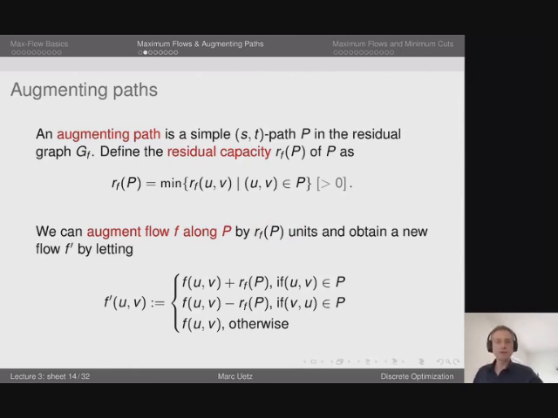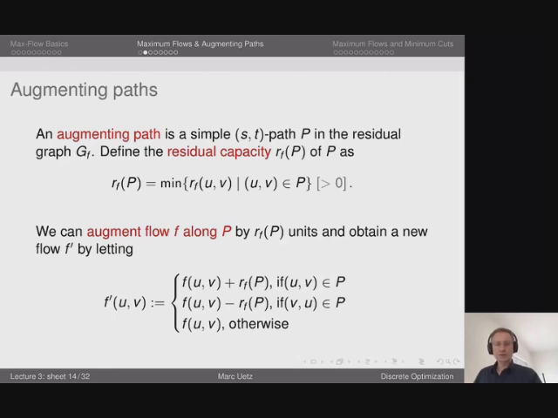And we obtain a new flow by defining the flow F prime to be equal to F almost everywhere, and only augmenting the flow values along the path P. So if an edge lies on the path P, we increase the flow by the residual capacity, and for the edge in the opposite direction, we decrease the corresponding value in order to maintain skew symmetry.